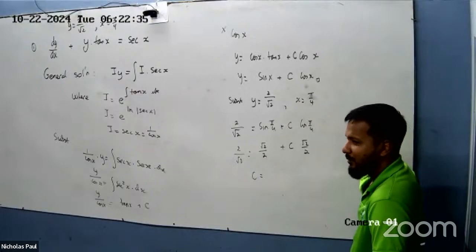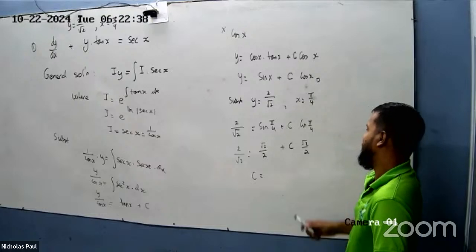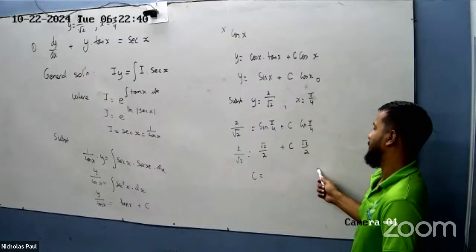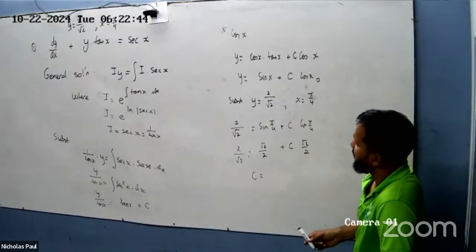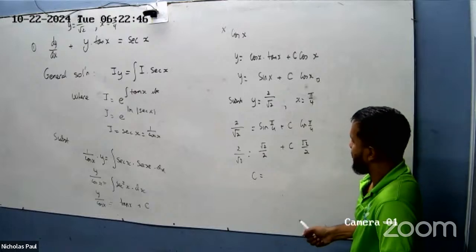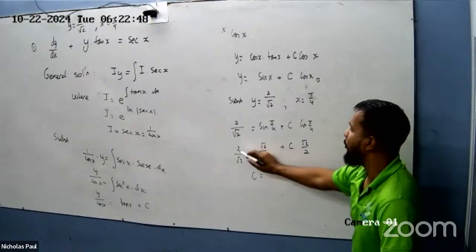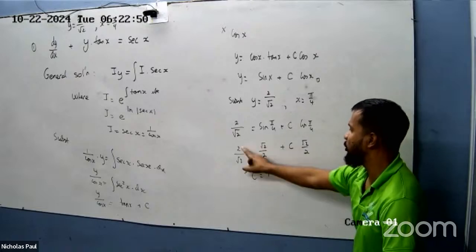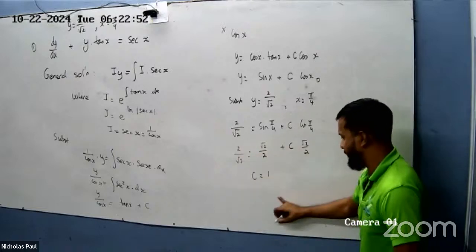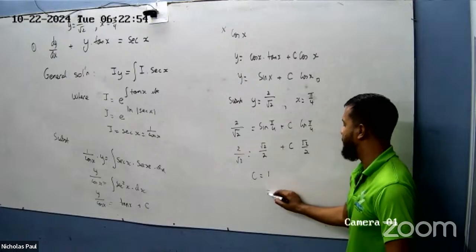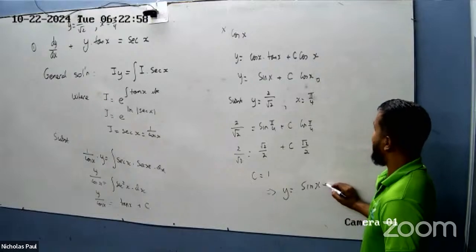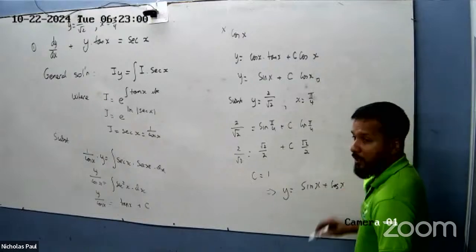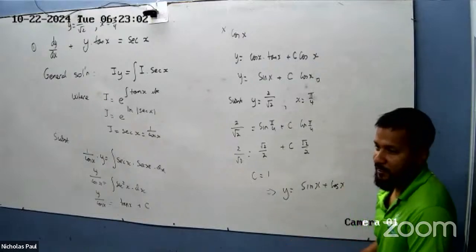So c is 1. So your final answer is y is equal to sine x plus cos x. Right? That is called a particular solution, right?